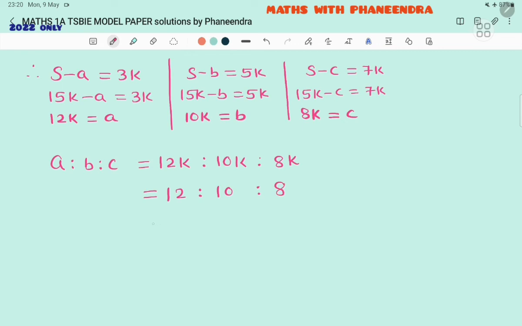So all are multiples of 2: 2 sixes, 2 fives, 2 fours. Therefore A is to B is to C is equal to 6 is to 5 is to 4. Hence proved, or hence the result.